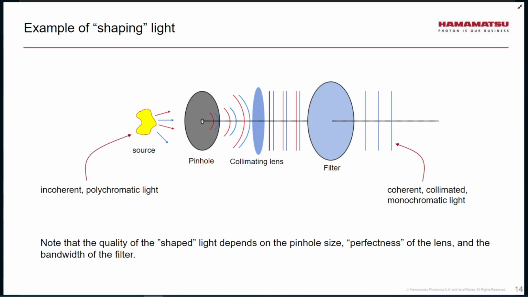To do this, I could first let the light pass through a pinhole, and that is going to produce spatially coherent light, as we discussed earlier, since the pinhole effectively becomes the source, and the size of the pinhole is small. That gives us a large degree of spatial coherence. A collimating lens is placed a focal distance away from the pinhole, and that is going to collimate the light, and the filter then will make the light monochromatic.